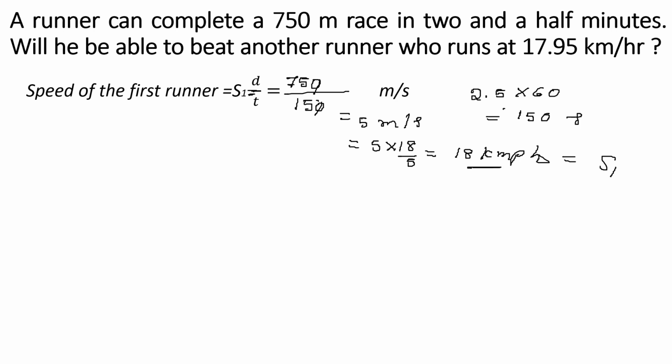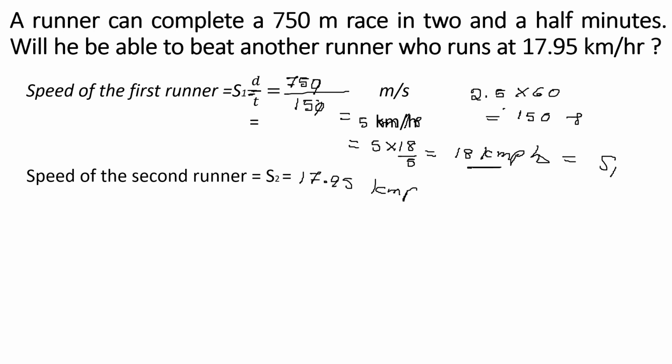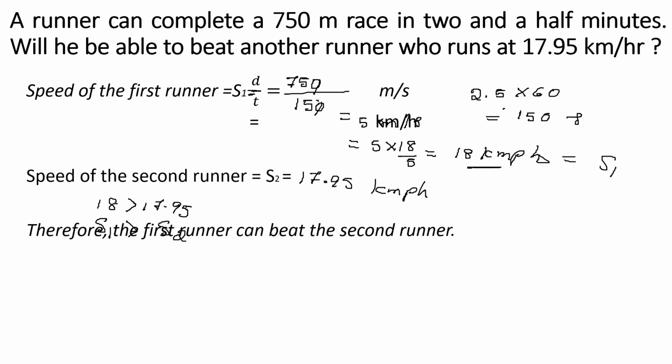Now it is given that the speed of the second person, S2, is 17.95 kilometer per hour. Since both units are the same, we can compare and say that S1 is greater than S2. 18 is greater than 17.95. Therefore, the first runner can beat the second runner, since S1 is greater than S2.